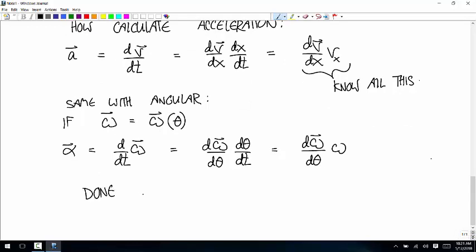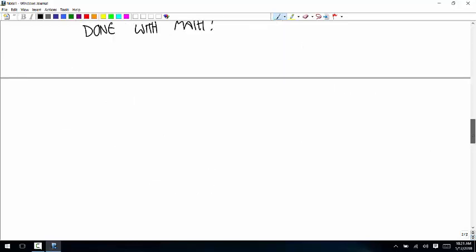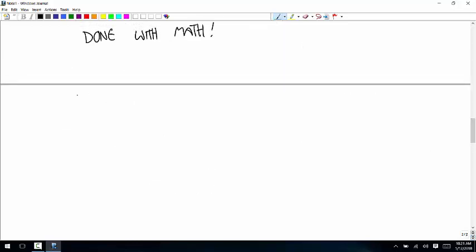So now we're done with the math. Now we can finally get into dynamics. So we're going to start with particle kinematics. Remember what kinematics means? It is related to the motion, but kind of all dynamics is related to motion in some way.